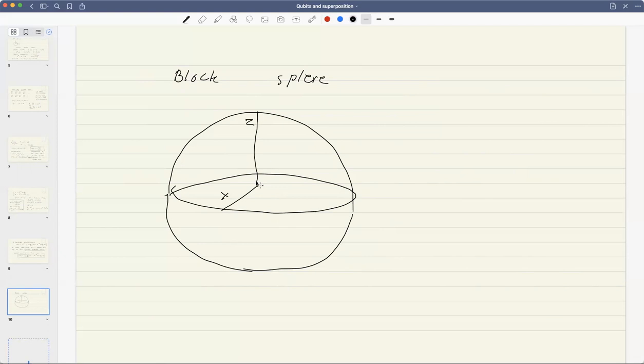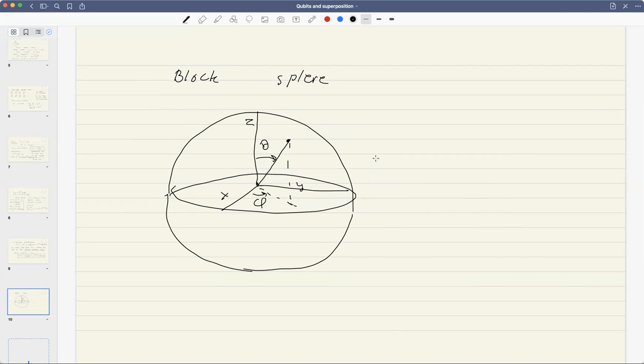This is Y going this way. And suppose I pick a point on this sphere. So let's say the angle with the Z-axis is theta. And if you project that on the XY plane, the angle of the projection with the X-axis is phi. That's the way essentially any point on this unit sphere would correspond to one of those states.